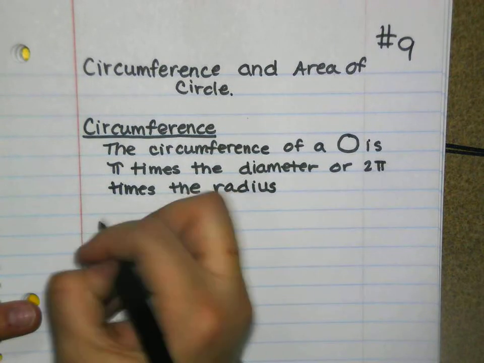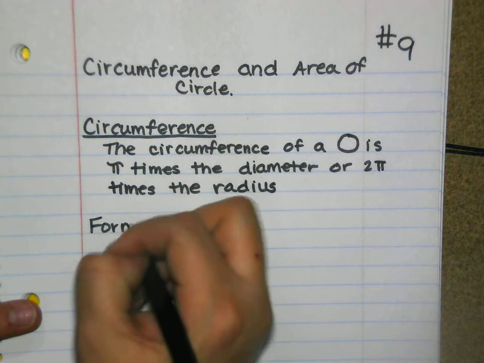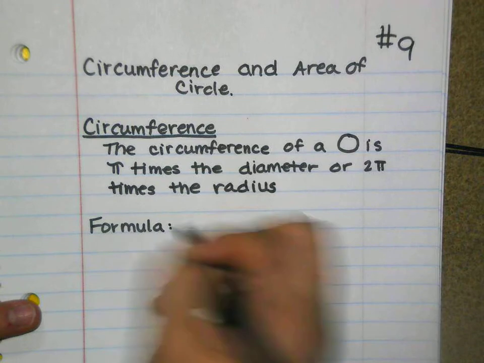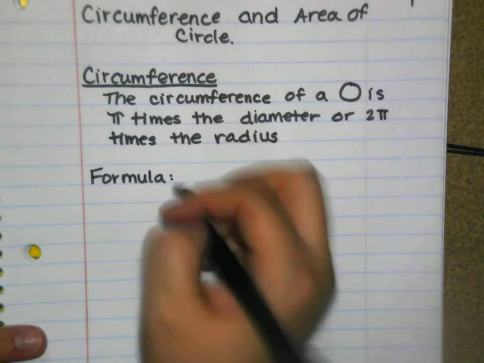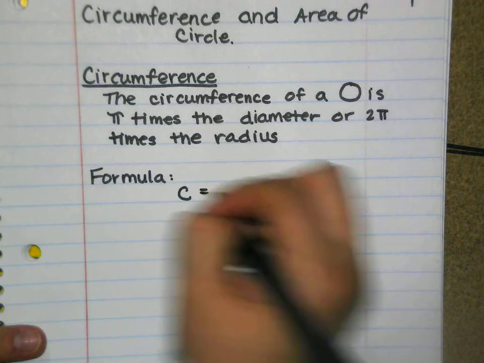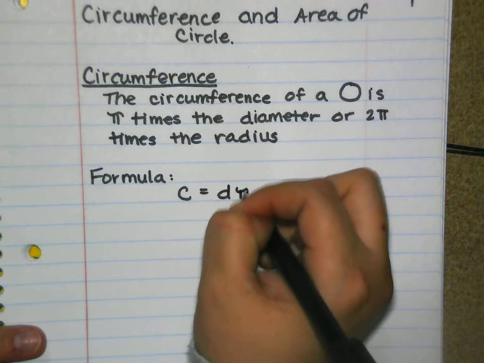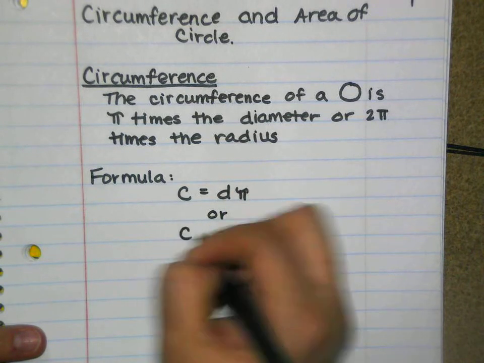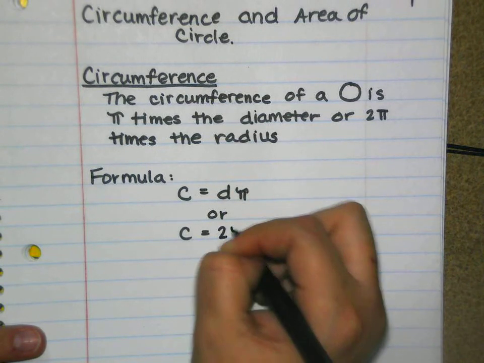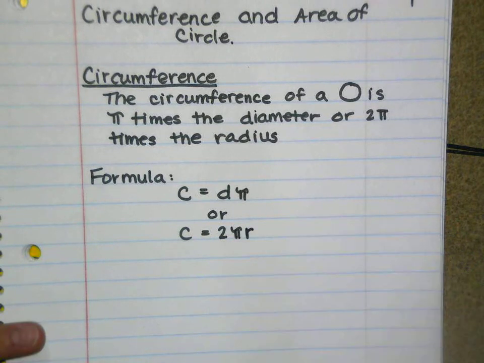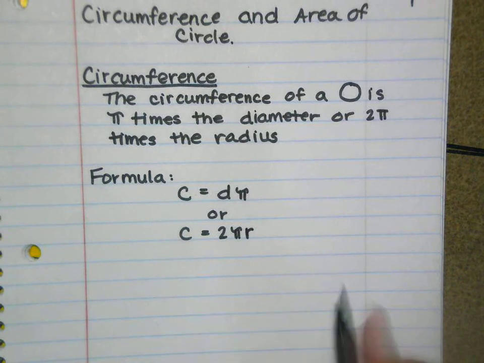The formula, which is a little bit more understandable and easier to swallow, is circumference is equal to diameter times pi, or circumference is equal to 2 pi times the radius, because diameter is just 2 radii, so that would be the same thing there.